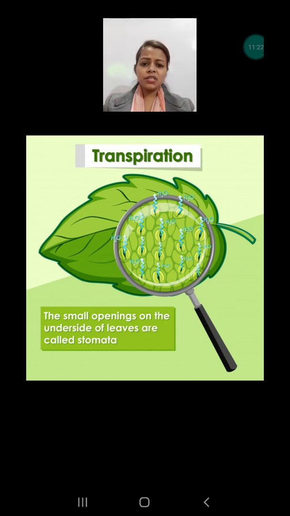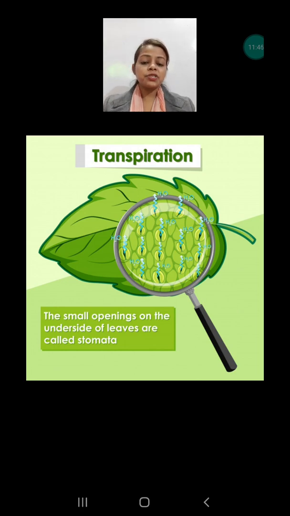Transpiration is very important, my dear, because if more water is present in the plant, then the plant will die, because they need only a sufficient amount of water to make their food through photosynthesis. If the water is extra, then it will obviously harm the plant. That's why transpiration is very important.